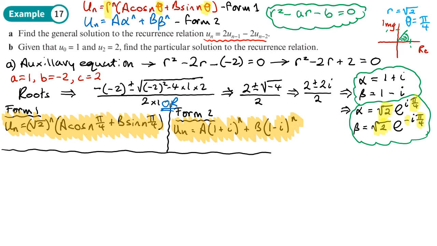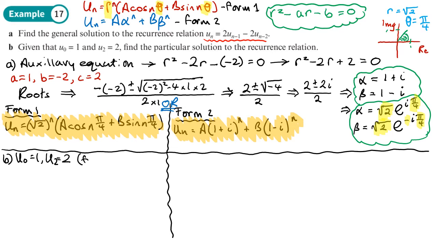Okay, part B, and we'll carry on this line down here. We need to find the particular solution where we have u0 equals 1 and u2 equals 2, and we're going to give the answers using both forms.